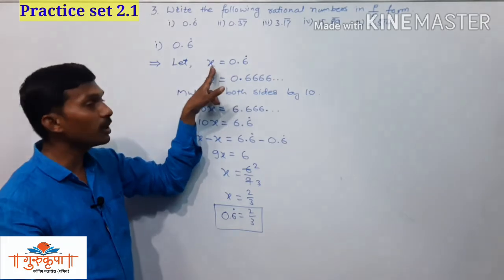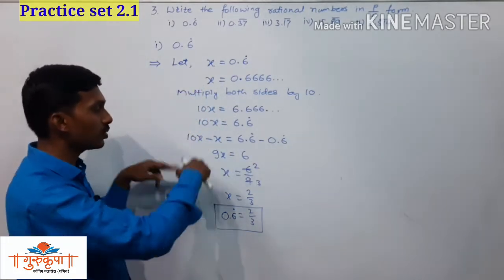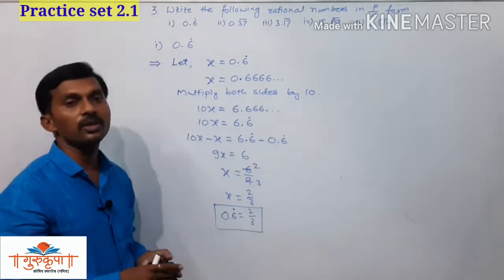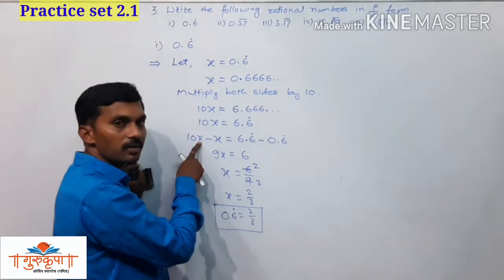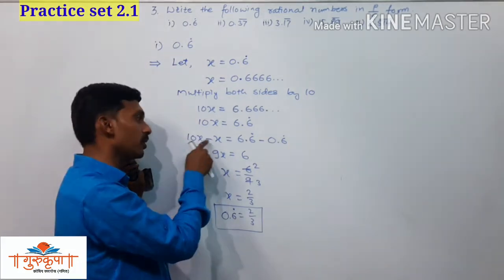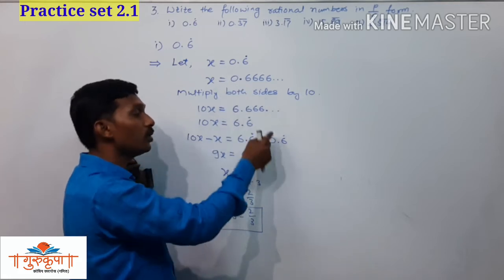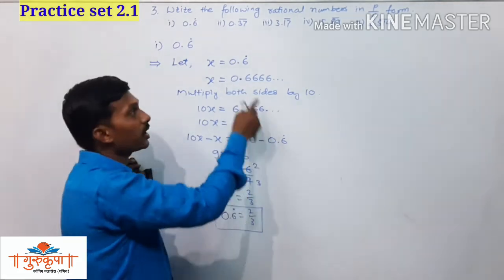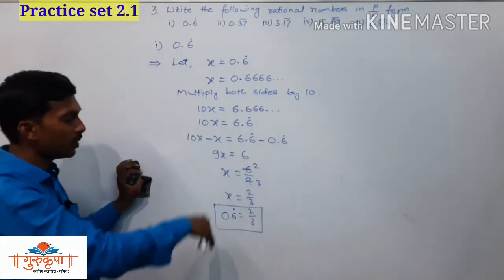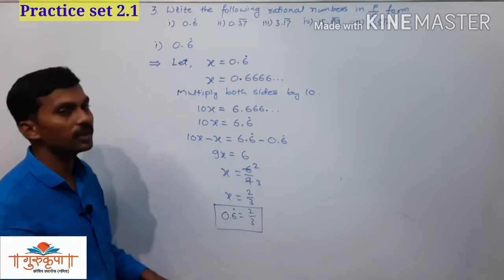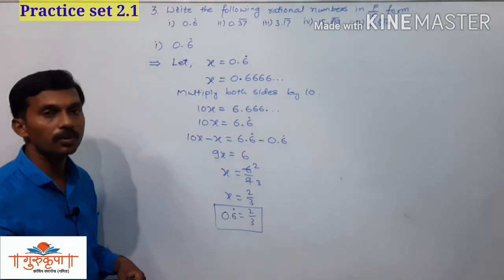If we use variable k, then we subtract k from both the sides. Here we use x, so we subtract x from both the sides. x is included on the left, so we subtract x, but on the right x is not included, so we write the constant value of x there, that is 0 point recurring 6, and we simplify it, and after simplification we get 0 point recurring 6 is equal to 2 upon 3.